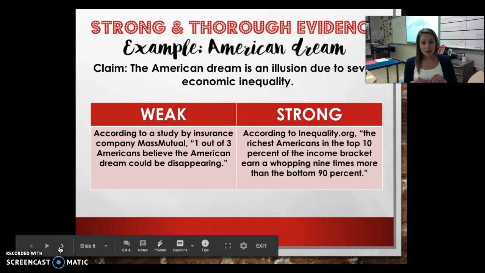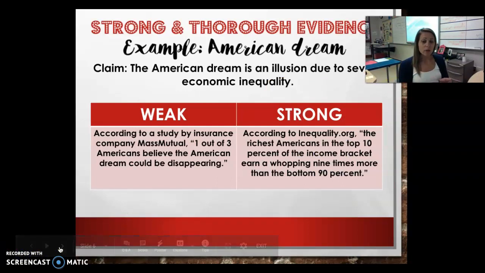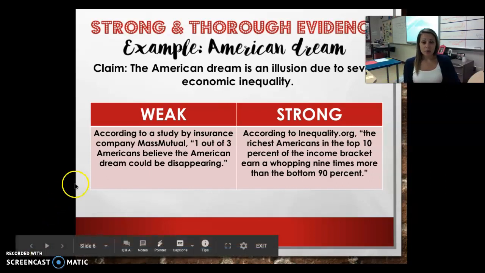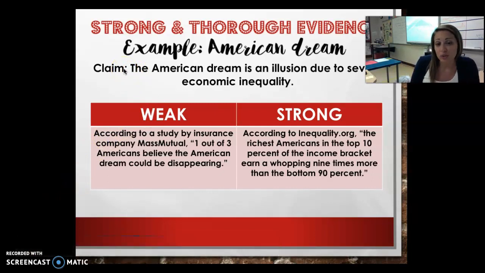So here is an example of a weak piece of evidence and a strong piece of evidence about the American dream. Our thesis or our claim is that the American dream is an illusion due to severe economic inequality. A weak piece of evidence would be, according to a study by insurance company MassMutual, 1 out of 3 Americans believe that the American dream could be disappearing.